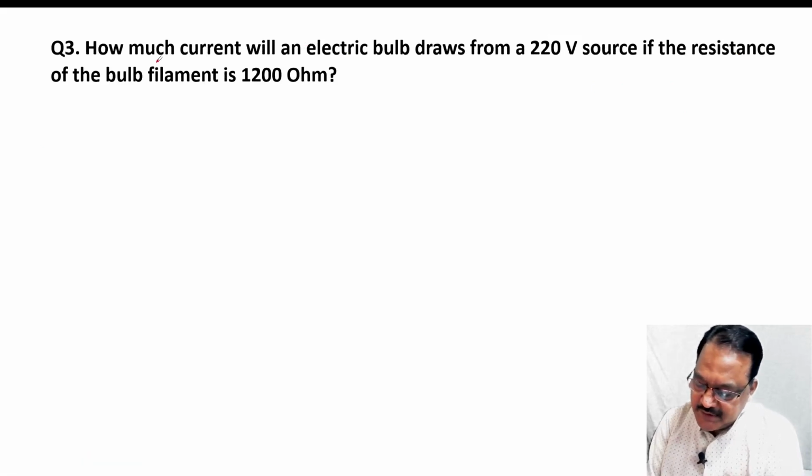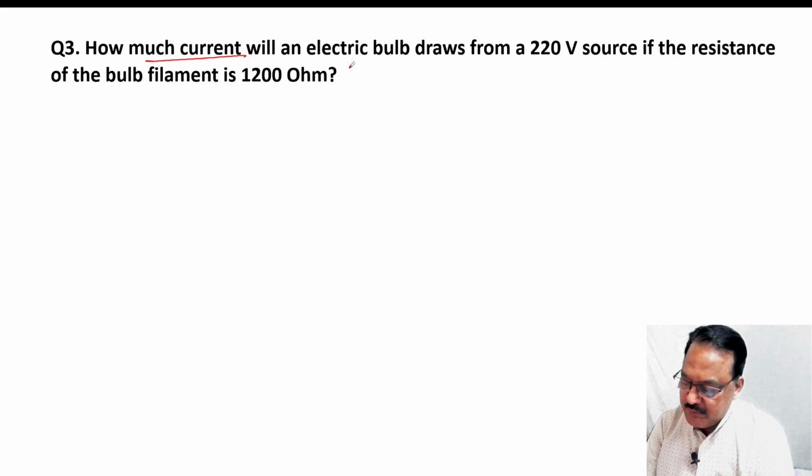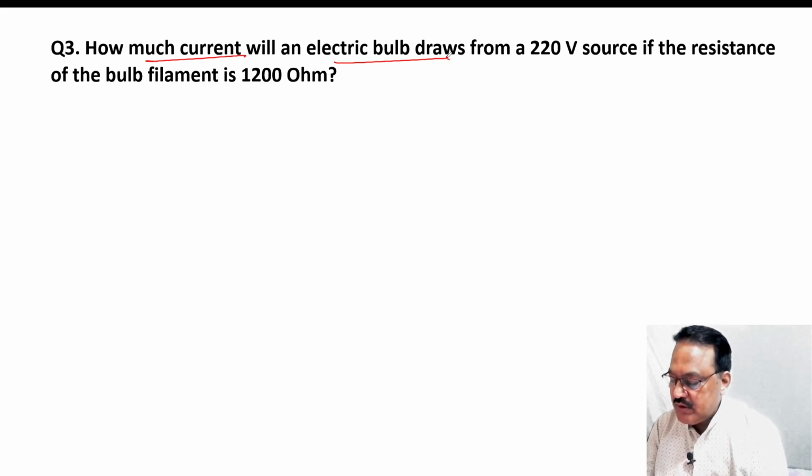From the start itself we came to know that current is to be calculated here. How much current will an electric bulb draw from a 220 volt source if the resistance of the bulb filament is 1200 ohm? Let us suppose, for simplicity, we should draw the circuit diagram.